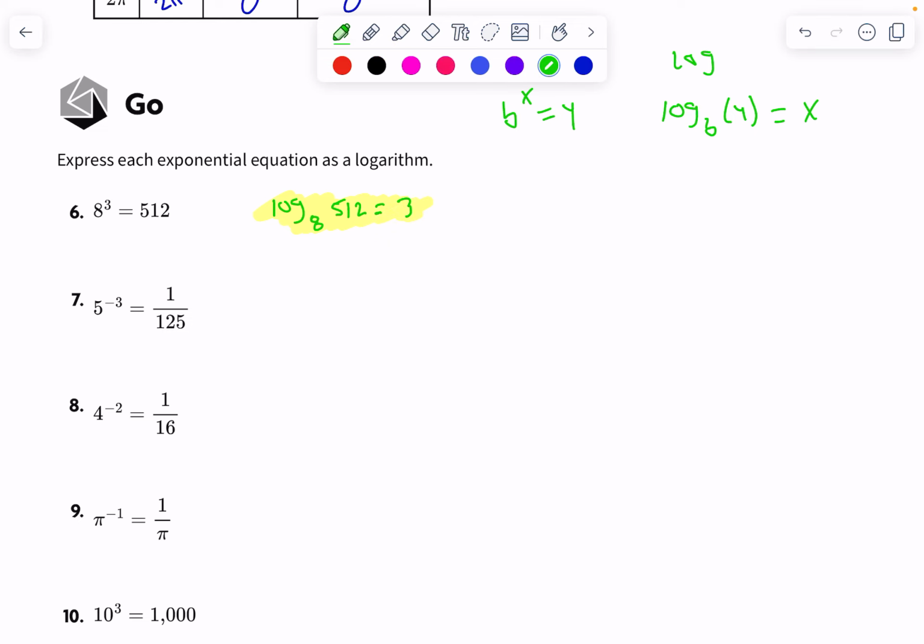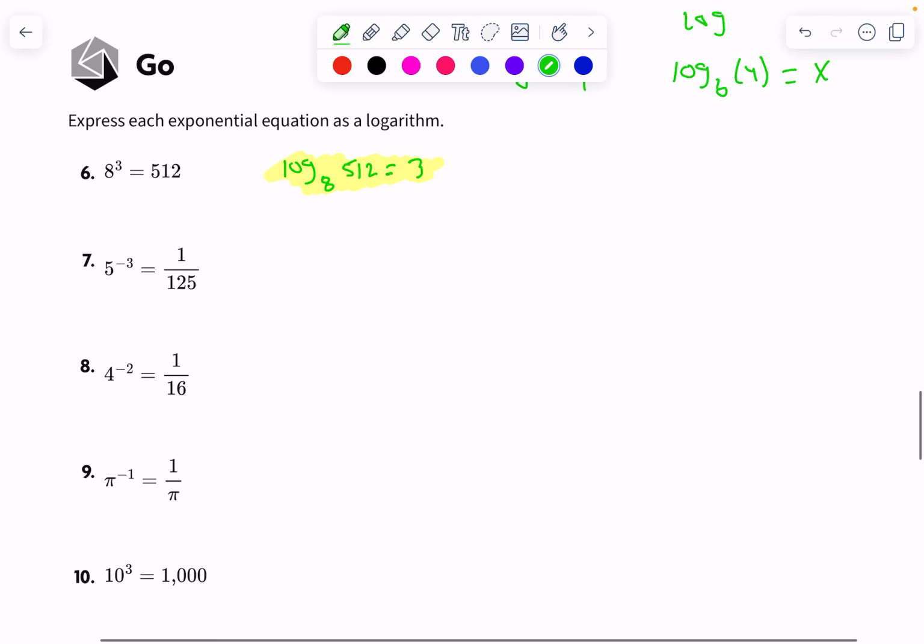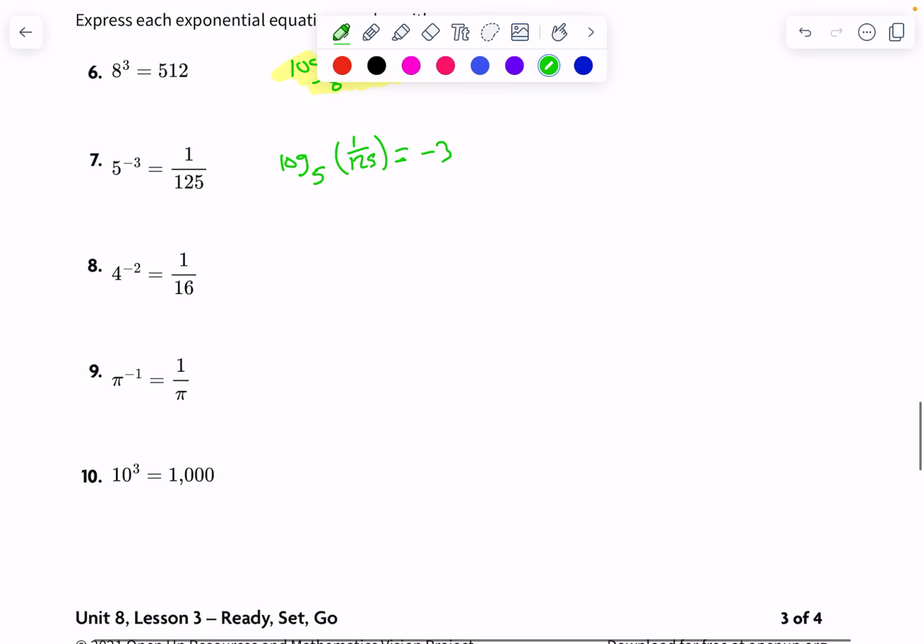Okay, so now let's go to number 7. Log of base 5 of 1 over 125 is equal to negative 3. Okay, this is totally acceptable. Cool. Log of base 4 of 1 over 16 equals negative 2.